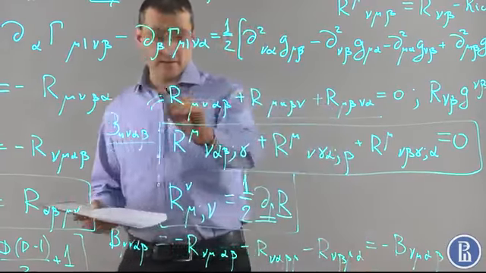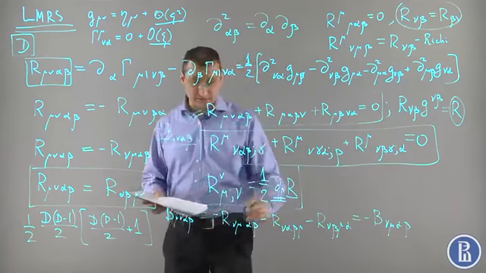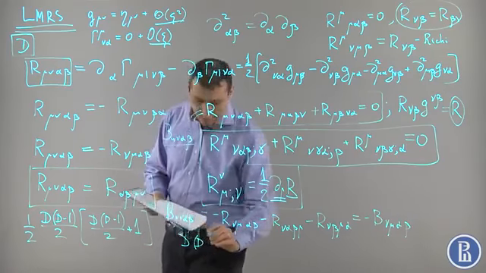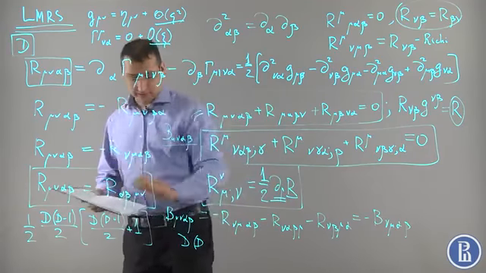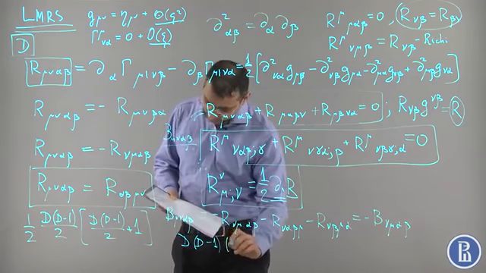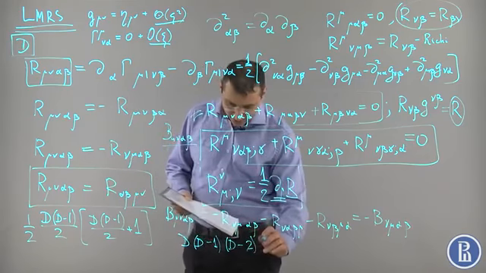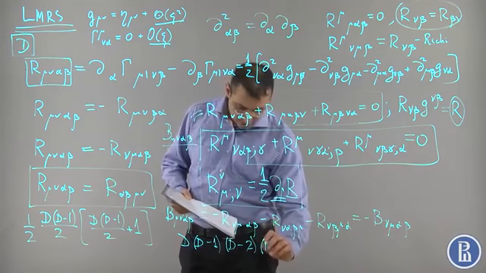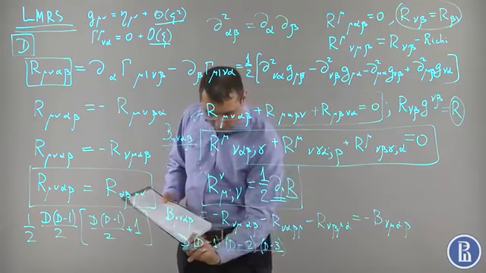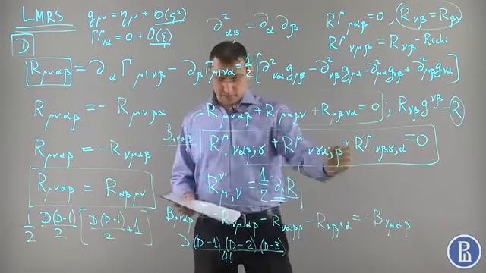It means that this relation establishes the following number of conditions. So it reduces the number of independent quantities in the Riemann tensor by the following amount. We have the following number of conditions here: D times D minus 1 times D minus 2 times D minus 3 over 4 factorial. This is the number of relations of this sort.